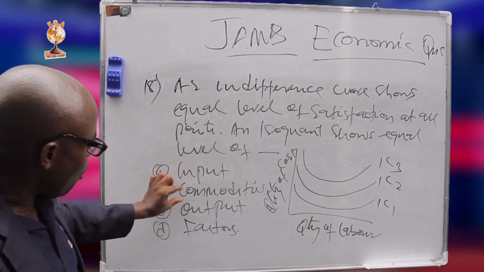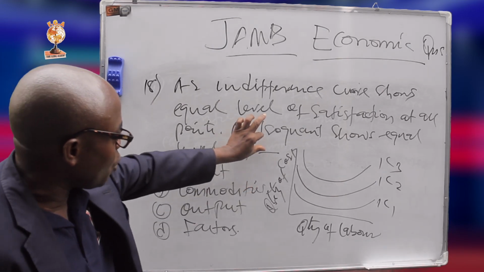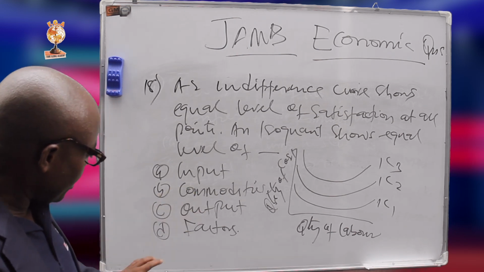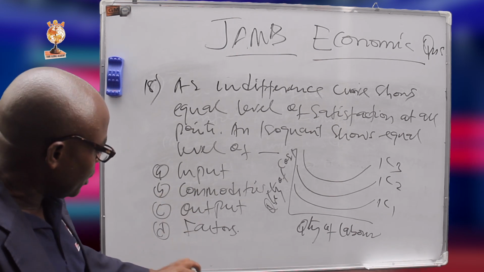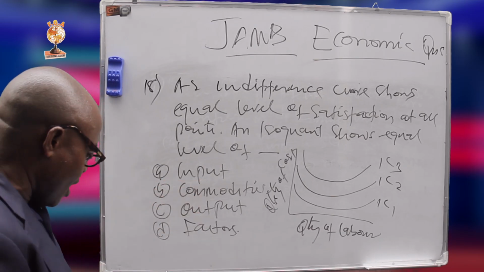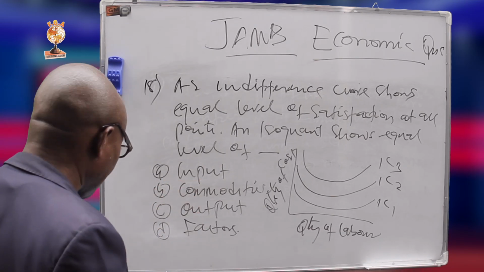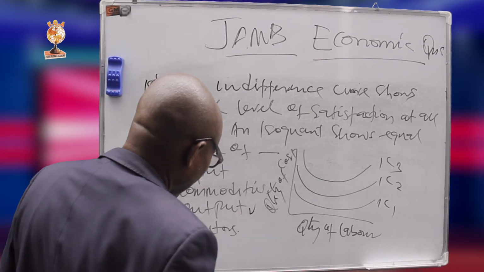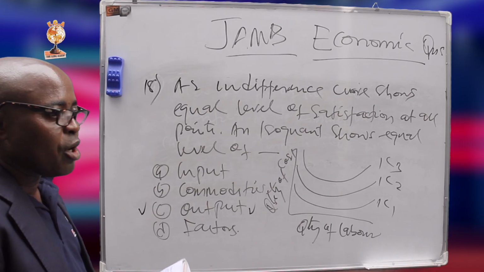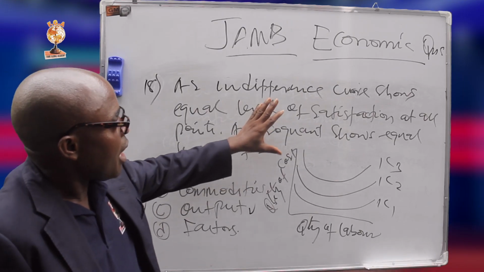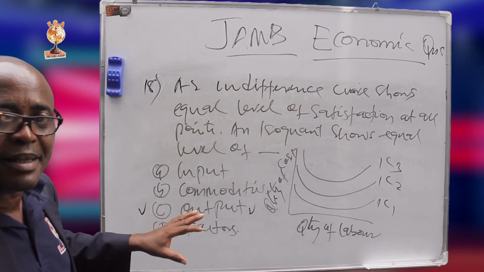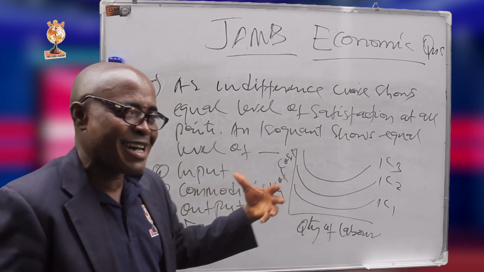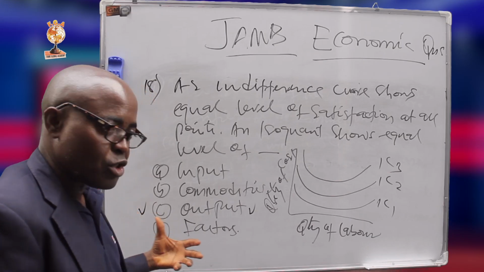Then you have a commodity. Commodity does not equally enter here. Then here we have output. The last one here is factor. The only one that fits in here is the one we refer to as output. Now in business, output is a major determinant. If by the end of the day your customers are not well taken care of, it simply means that the input was not okay.